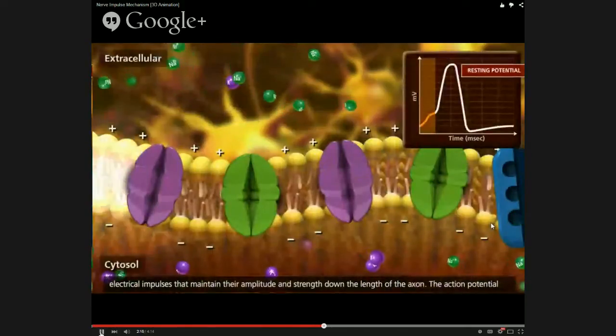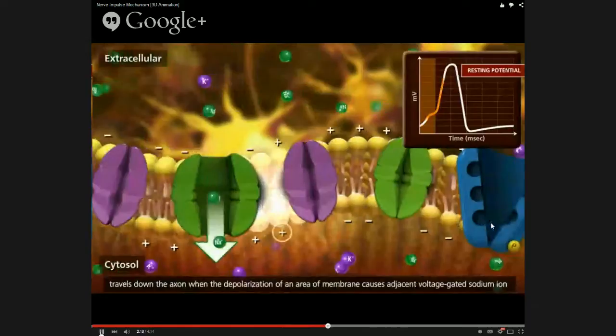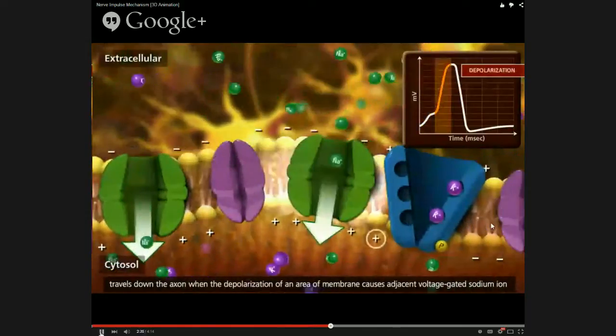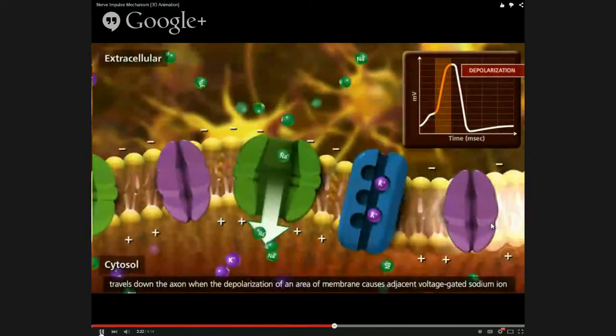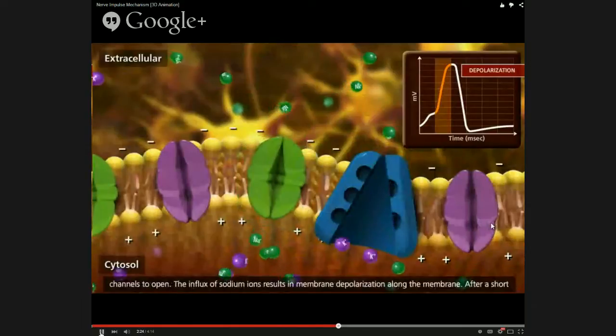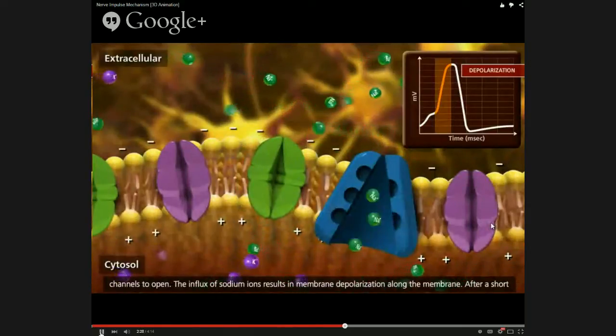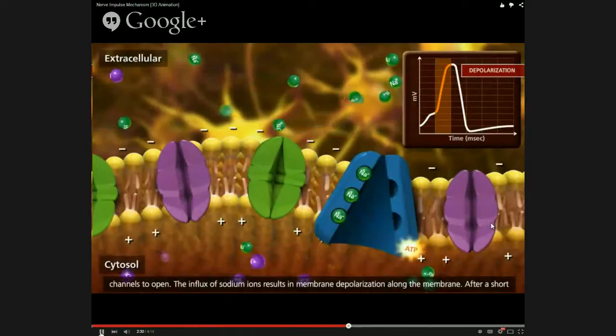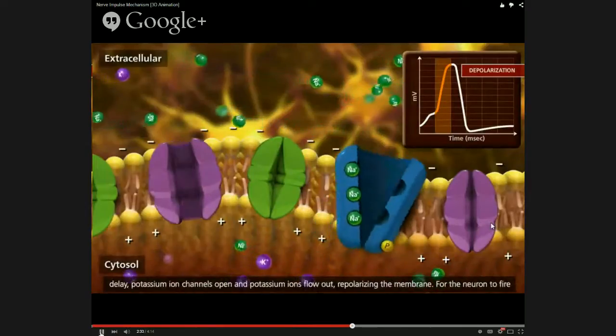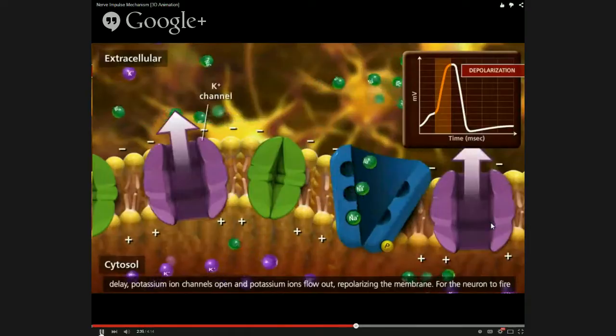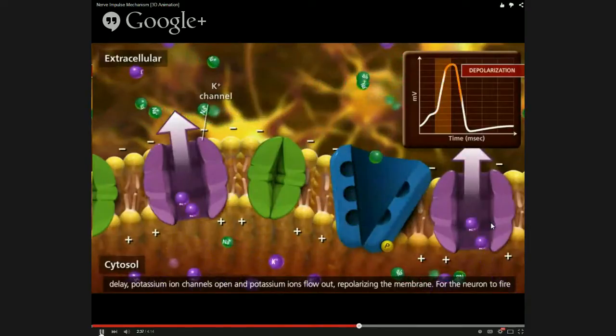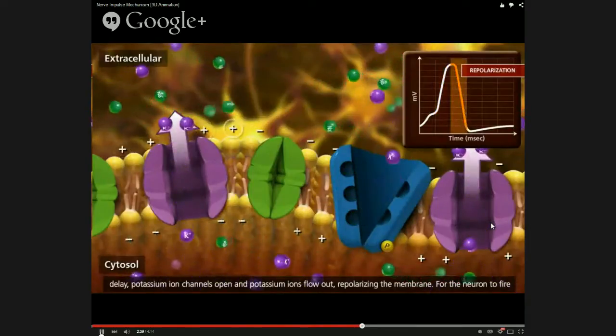The action potential travels down the axon when the depolarization of an area of the membrane causes adjacent voltage-gated sodium ion channels to open. The influx of sodium ions results in membrane depolarization along the membrane. After a short delay, potassium ion channels open and potassium ions flow out, repolarizing the membrane.